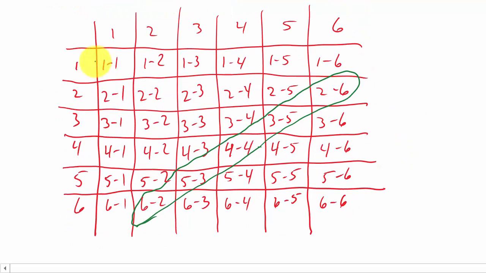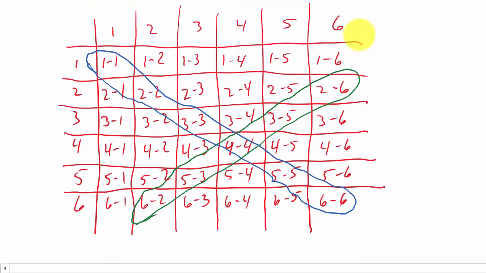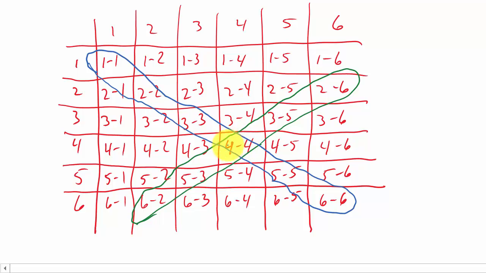And then F, it's a double. So let's see. Here's a double. Okay. All right, so I need the number in E and F, the one that's in both of them. Well, there's only one that's in both of them.